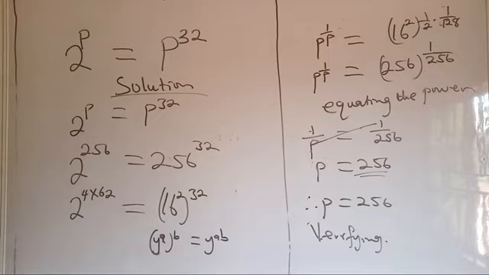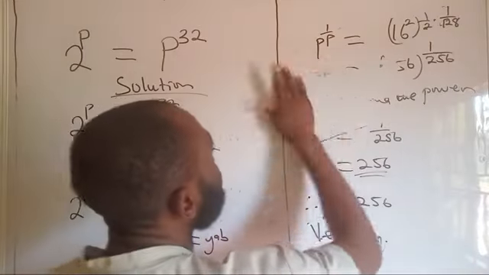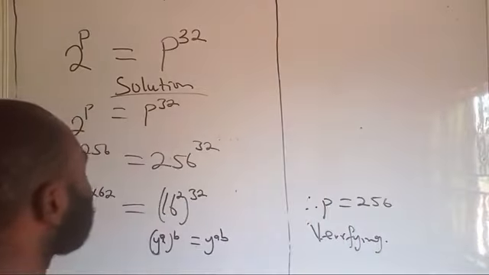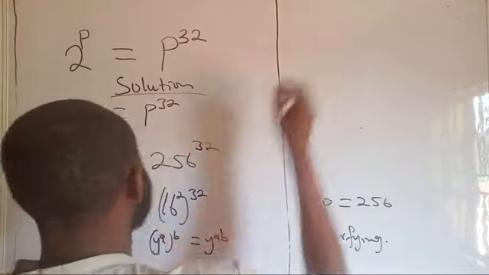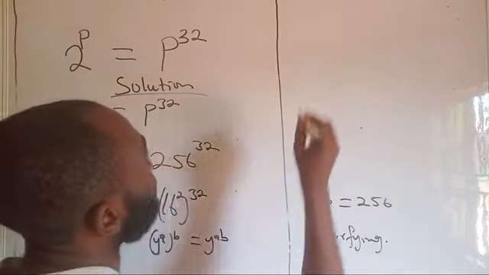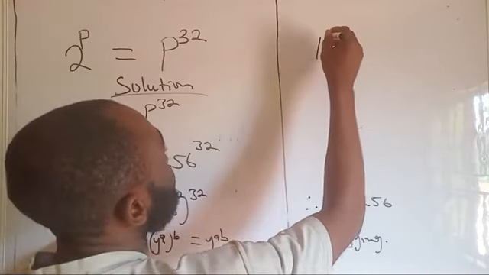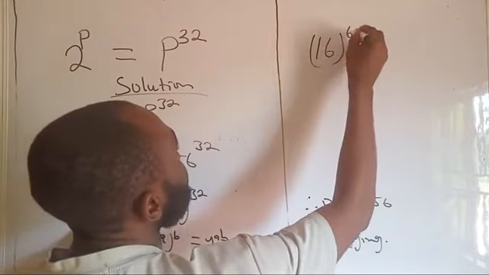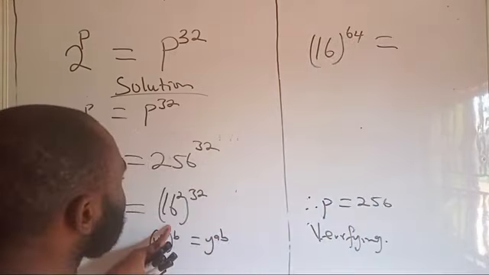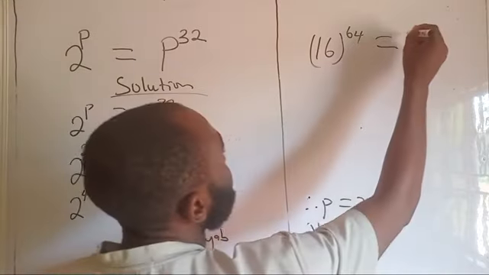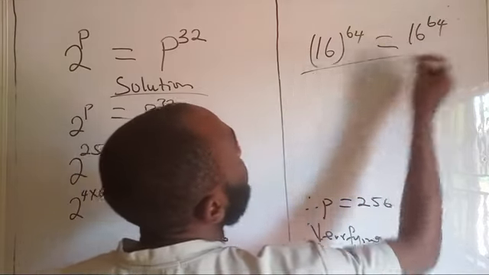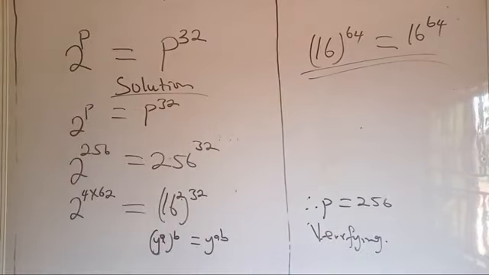So the same thing we are going to do here. So with that, you have 2 raised to the power 4 is 16. So that is 16 raised to the power 64 is equal to, here 2 times 32 gives us 16 raised to the power 64. So this gives us that we are correct.